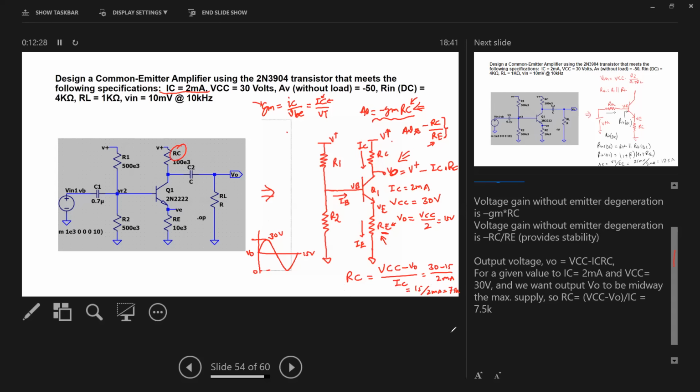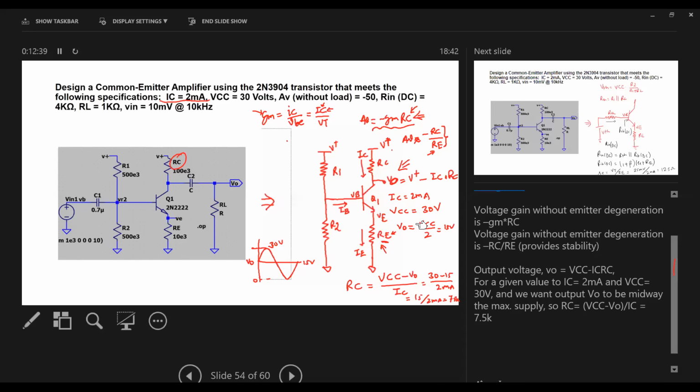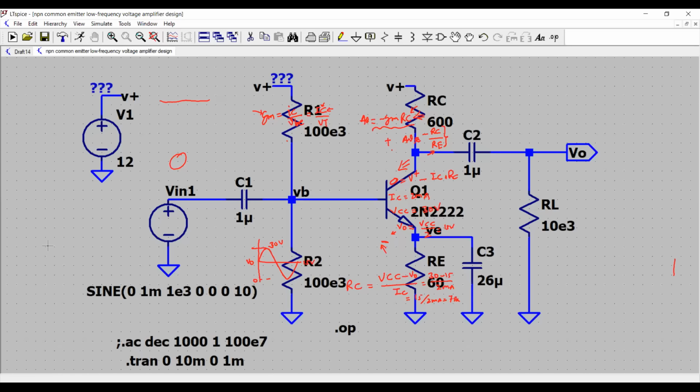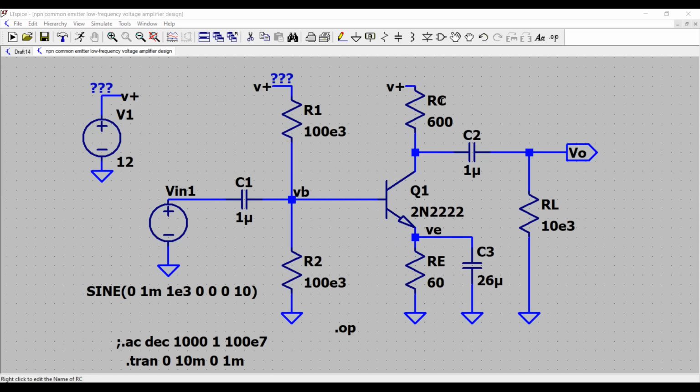So I will go to the design circuit to set the value. Here is my circuit. I will clean the drawing here, and I have this circuit where RC is right here.